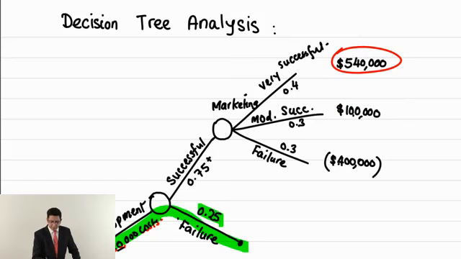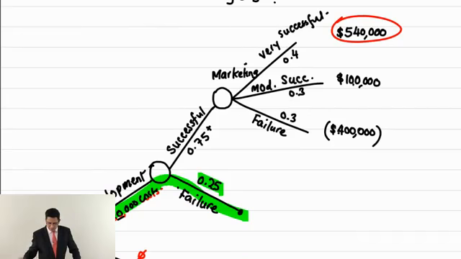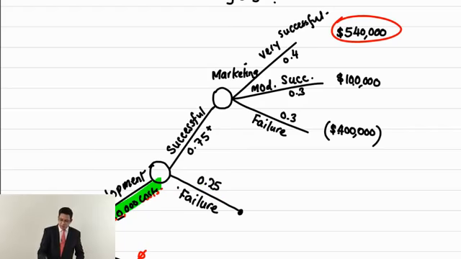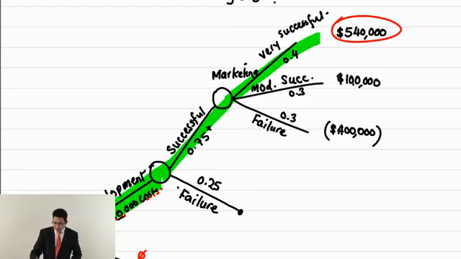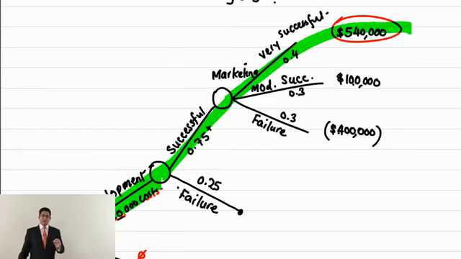First of all, look at the first, which is 540,000. How is it? It's like this. We developed, we were successful, and our marketing was very successful. Like the complete path, right from the decision to its destination or end.